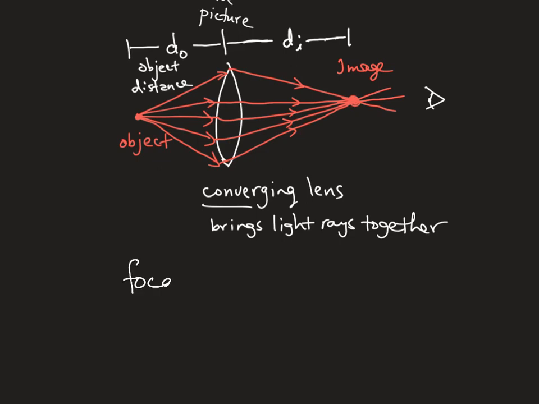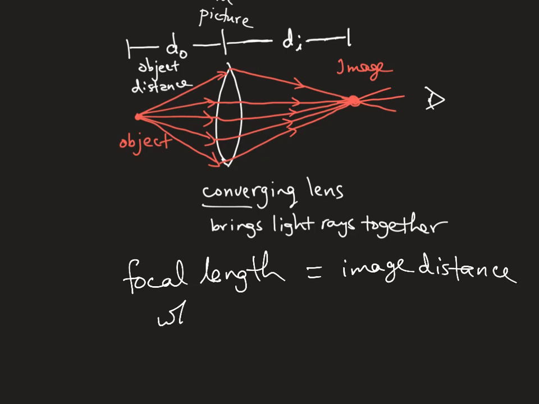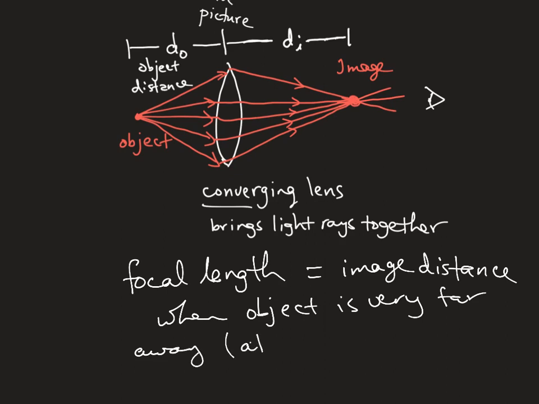So focal length, by definition, is the image distance when the object is very far away. Basically, we say at infinity.